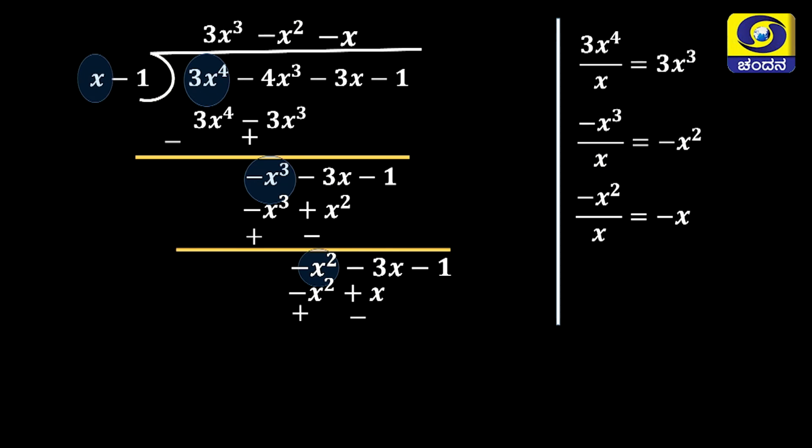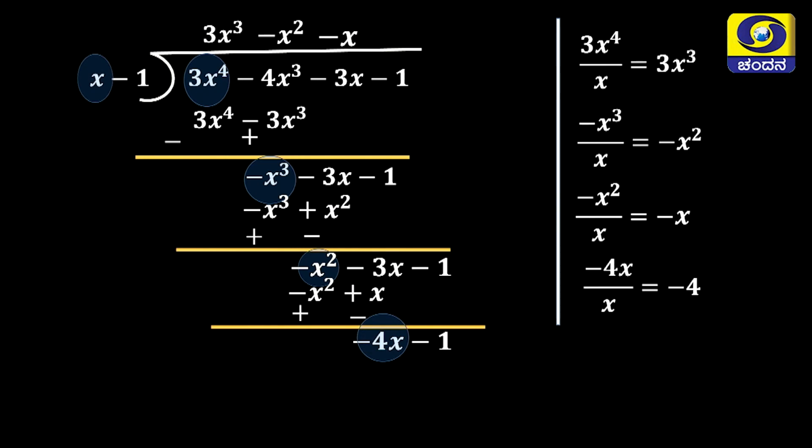Minus 3x minus x, so you have to add, and you will get minus 4x minus 1. Now we identify the term minus 4x. Dividing minus 4x by x, you get minus 4. If you multiply minus 4 by x minus 1, you get minus 4x plus 4. After changing the sign, you will get the value minus 5, and that minus 5 is the remainder.